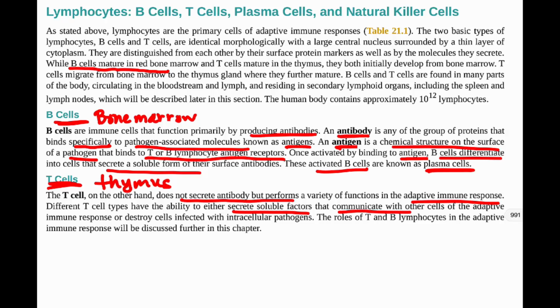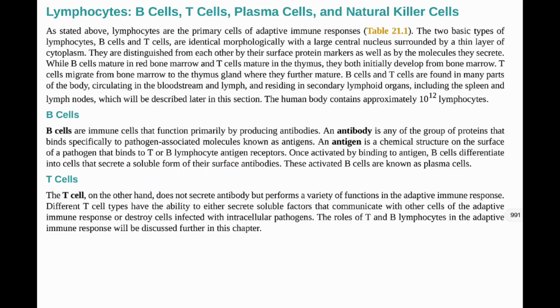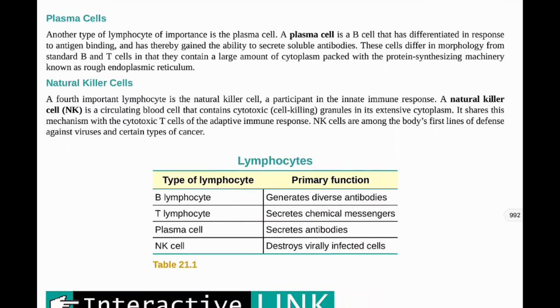Then we'll go down here. We have our plasma cells, which we already briefly talked about. Another type of lymphocyte is our plasma cell, which is that B cell that has differentiated in response to the antigen binding. When the antigen binds, our B cell differentiates into a plasma cell, and then it has the ability to secrete these soluble antibodies.